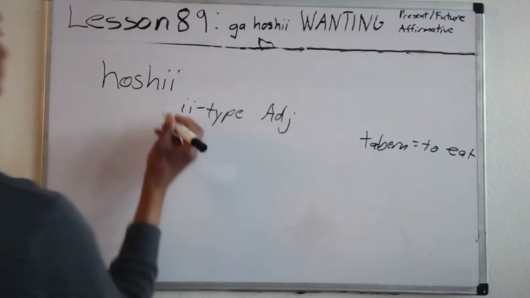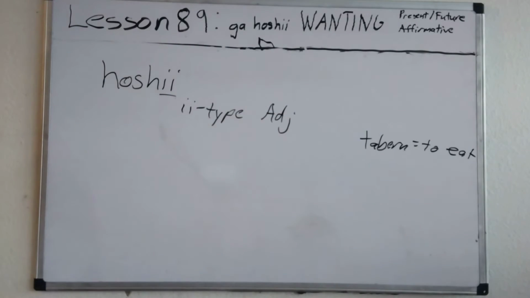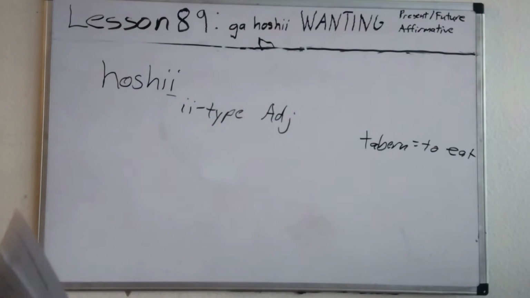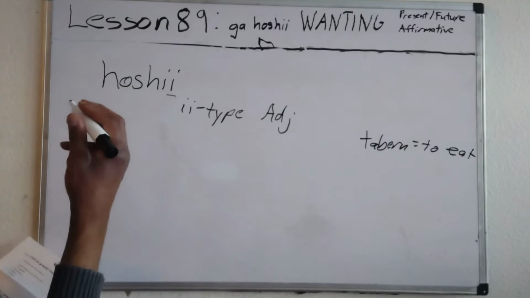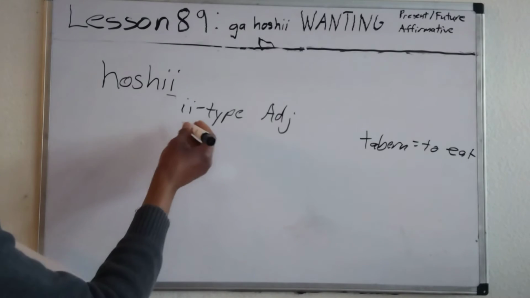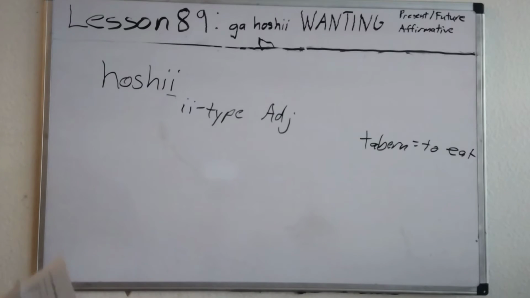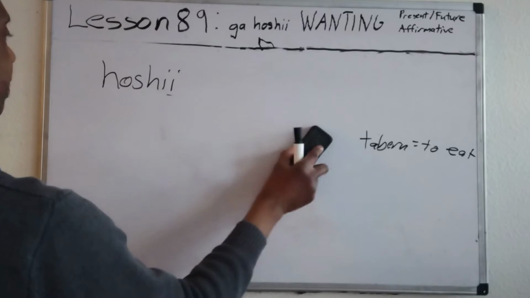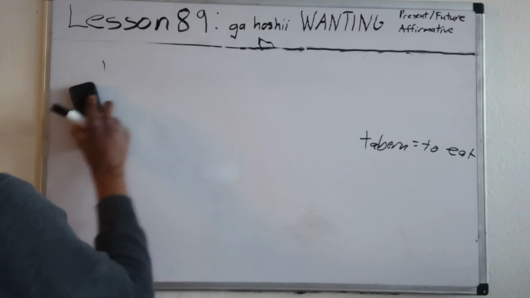Okay, it's E-type because once again it ends in E. And so it follows all the rules created for E-type adjectives, okay, that we've already discussed in previous lessons. So that's easy.